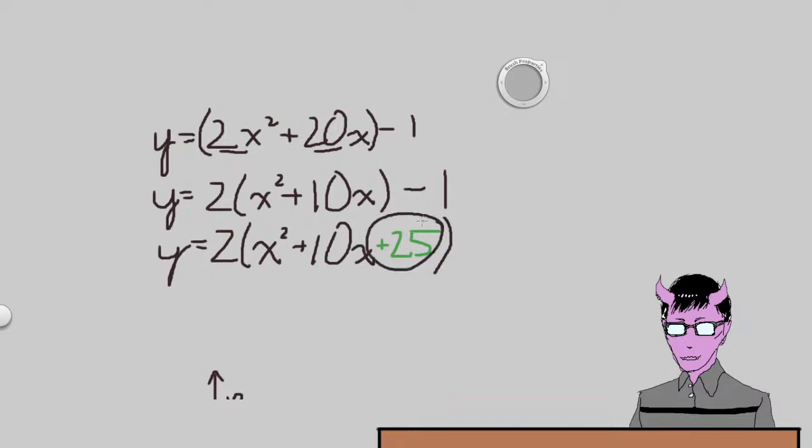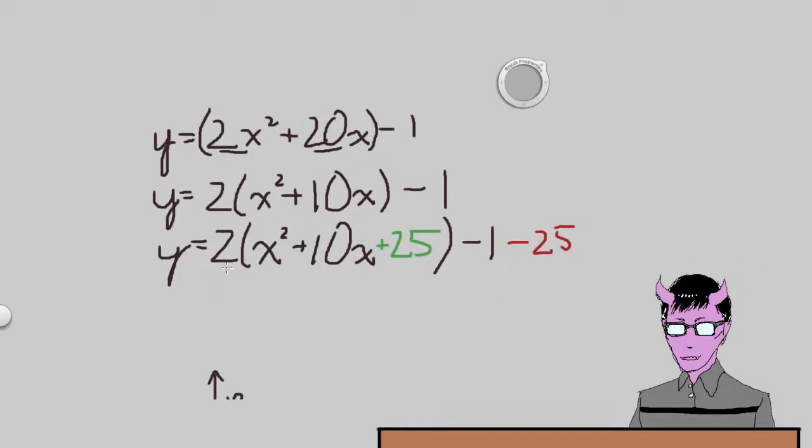So we need to offset this 25, right? Some people may be tempted to put minus 25, thinking that this negative 25 will negate this positive 25, which feels logical. But unfortunately, this is not only a 25, because this filthy 2 is out here.